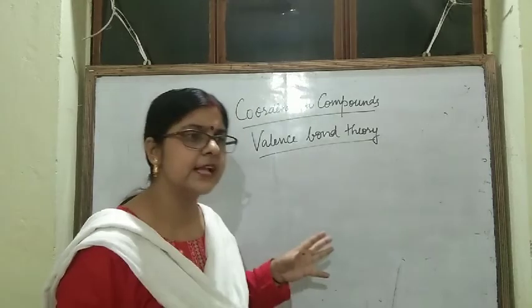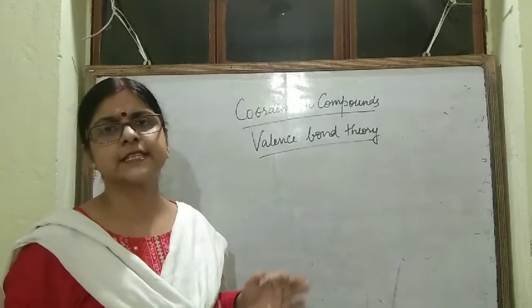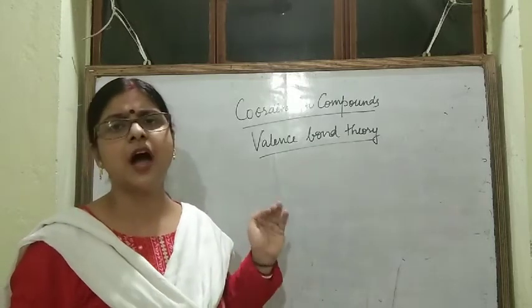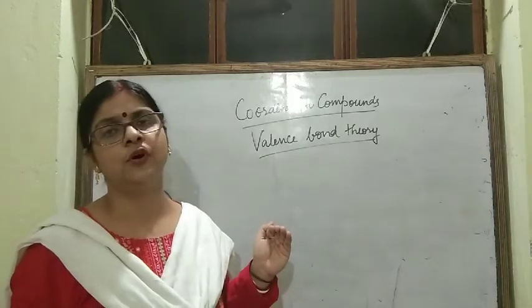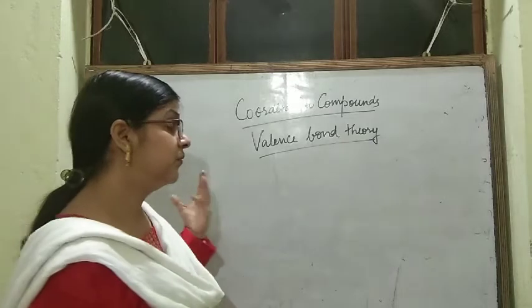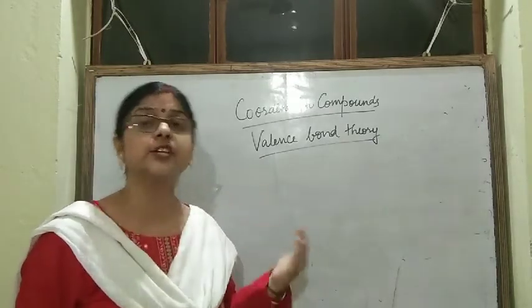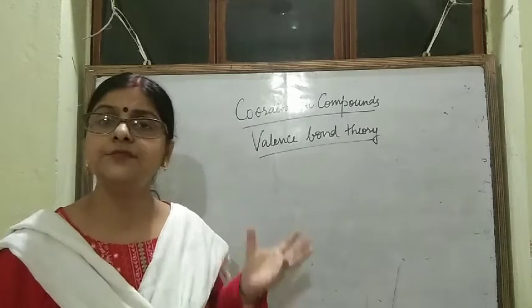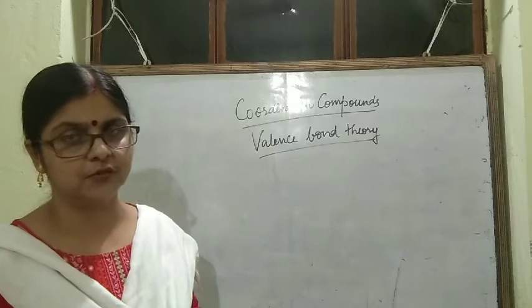This central metal atom or ion provides empty hybrid orbitals for the ligands to form complexes, and this state of hybridization helps to determine the geometry of the complex compound.